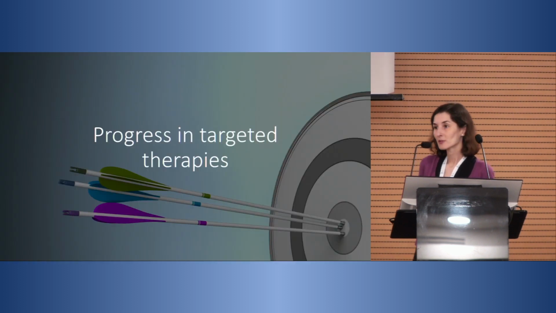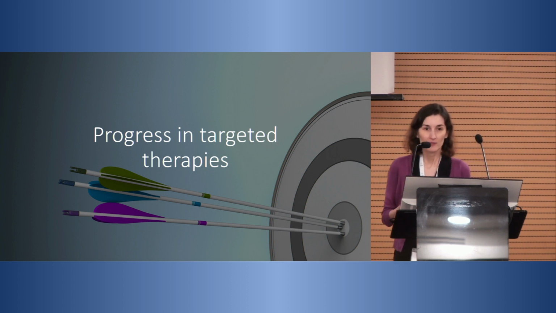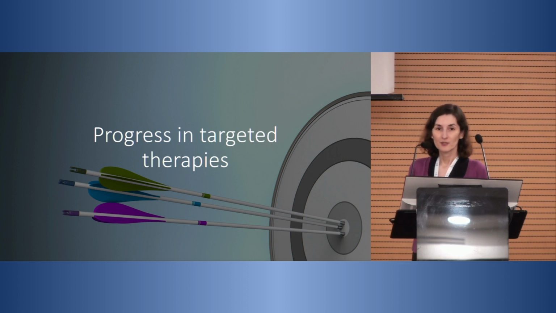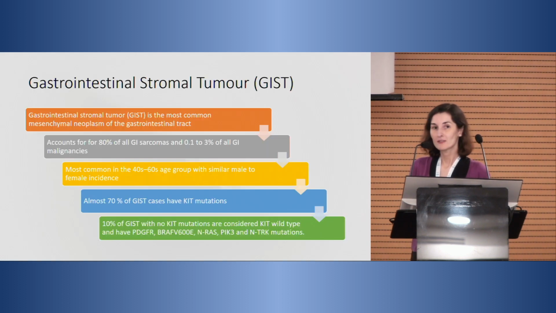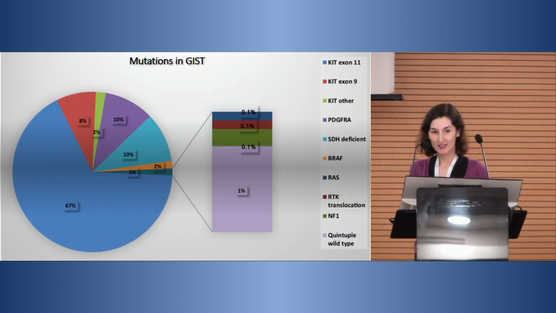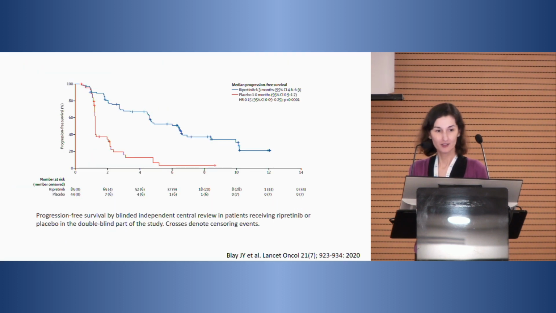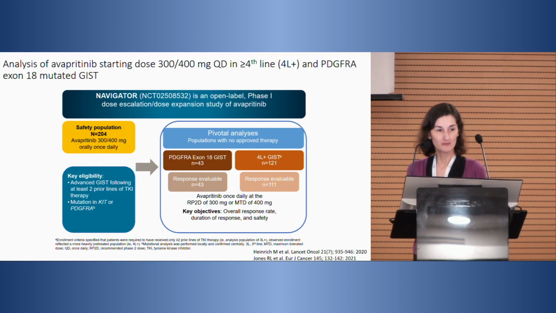I would like to start with the update on targeted therapies in soft tissue sarcomas. I did not realize that there's a separate GIST section, so I will just skip my GIST slides and go to the other treatments.